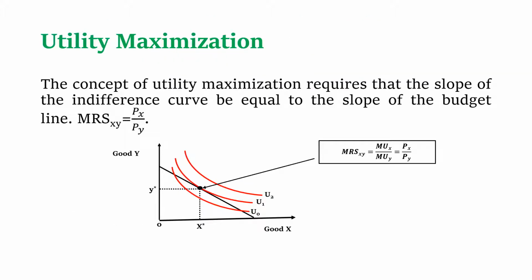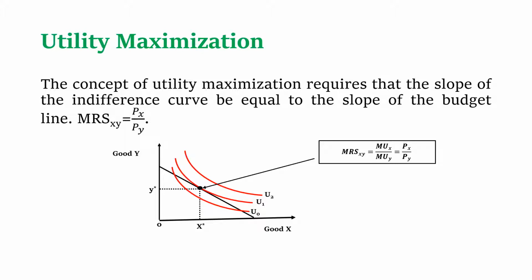Now let's move on. Now we know the condition for optimality. When the consumer tries to maximize its utility subject to the income constraint, we say that the condition for optimality occurs at the point where the ratio of the marginal utilities of the two goods is equal to the relative prices.